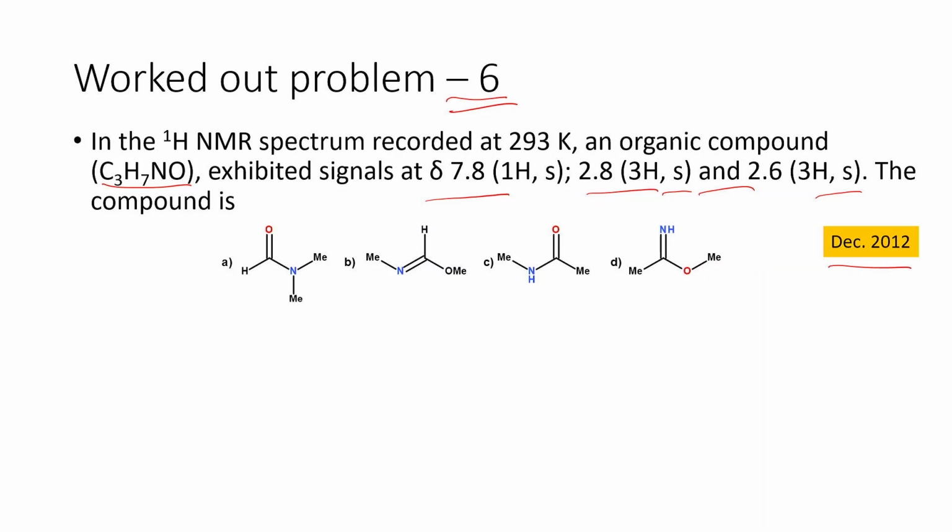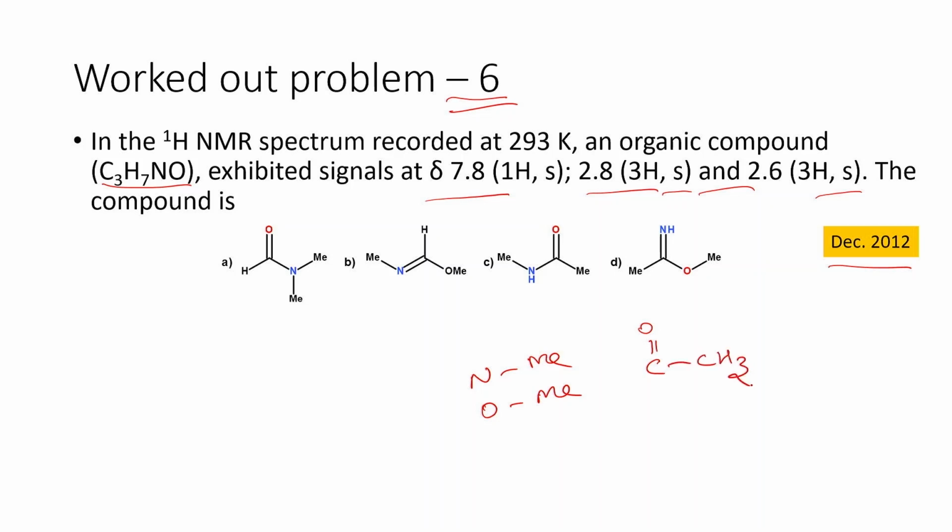Before solving this problem, we need some basic idea about which NMR peaks come for hydrogens attached to heteroatoms. For example, we have an N-methyl group, an O-methyl group, and a methyl group attached to the carbonyl group. These are 3 different things.